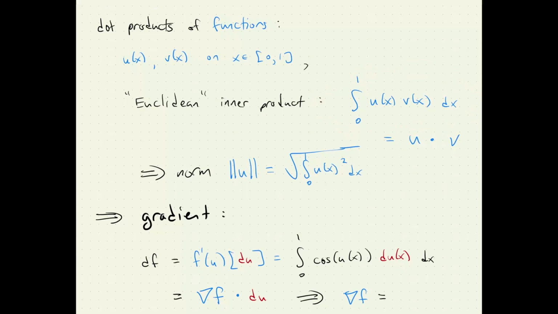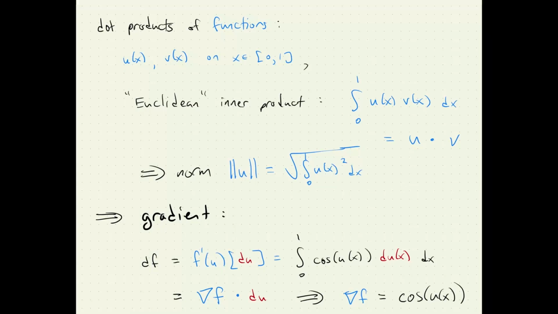So what is the gradient? What would I take the dot product with du to get this? Cos of u, exactly. It's a function, just cosine of u of x.